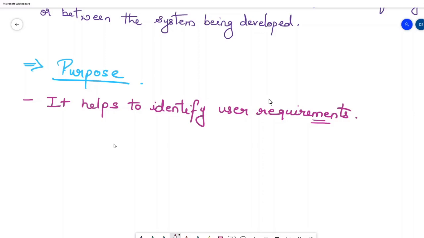So it highlights the communication problems that may arise.